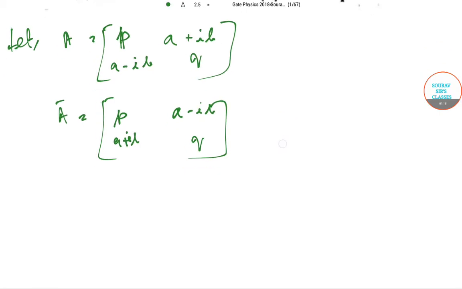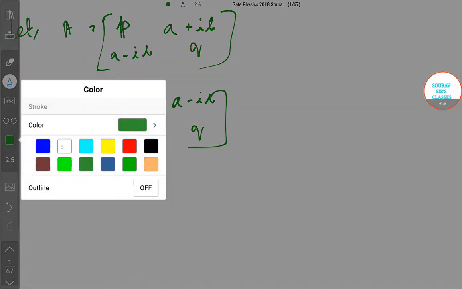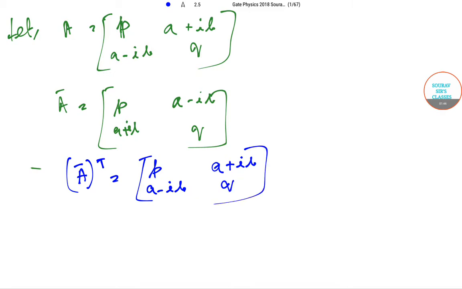So, if we take the transpose of this A bar, A bar transpose is equal to P, A plus IB, and here A minus IB and Q. Here the row and column are interchanged.